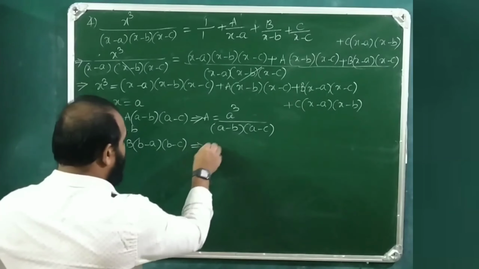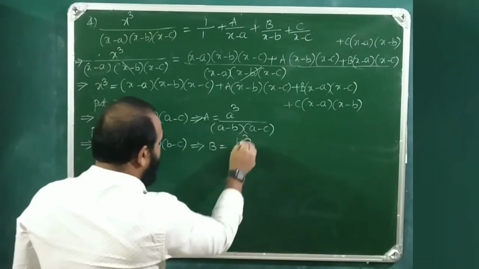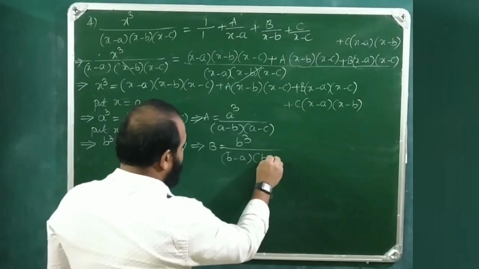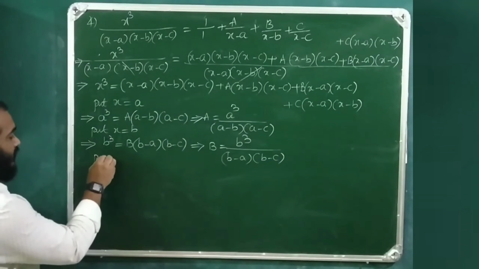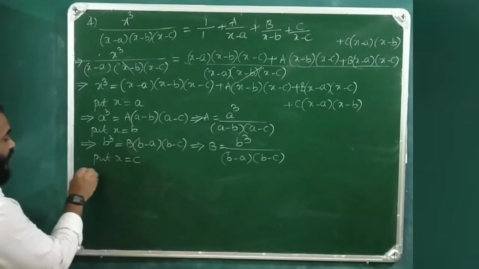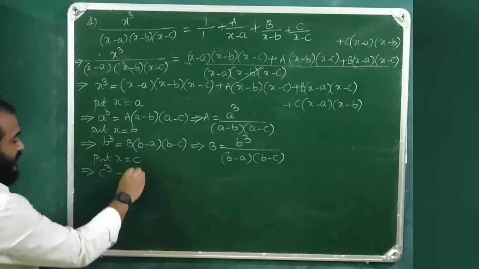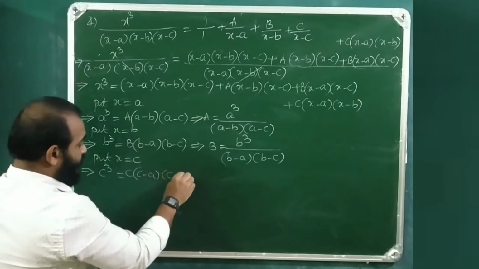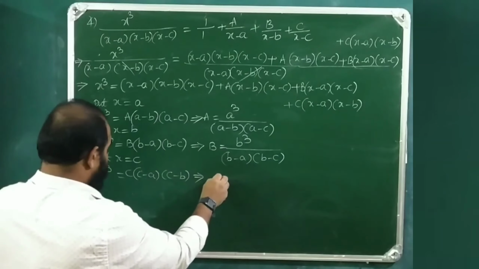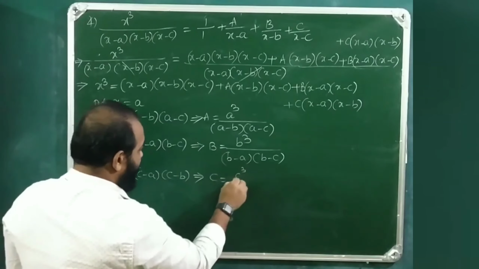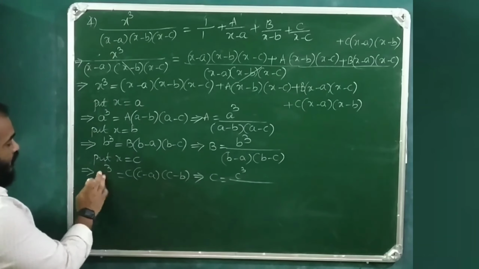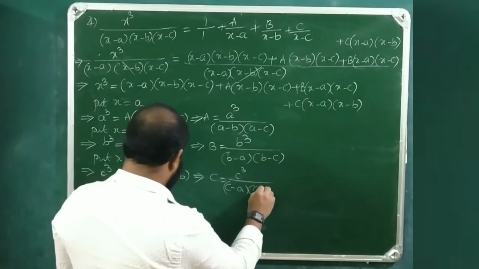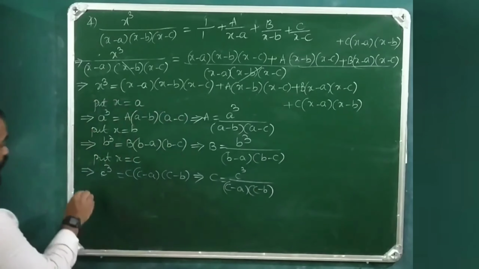So from this, b is equal to b cube by (b minus a) into (b minus c). Similarly, put x equals c, we will get c cube is equal to c into the last term (c minus a) into (c minus b). From this, c is equal to small c cube by (c minus a) into (c minus b).